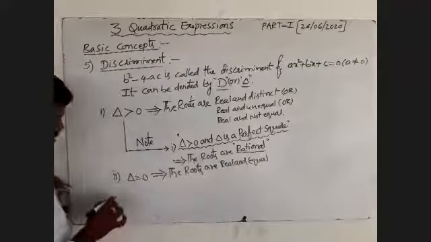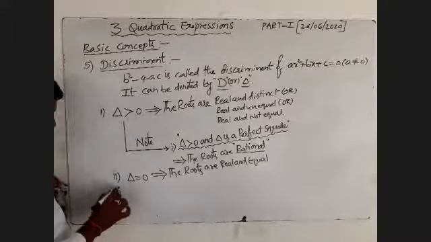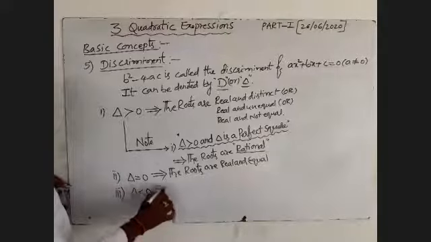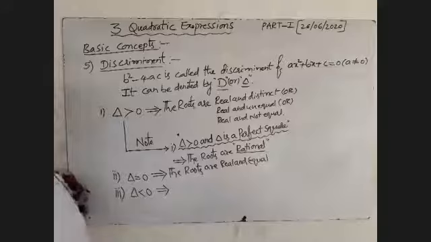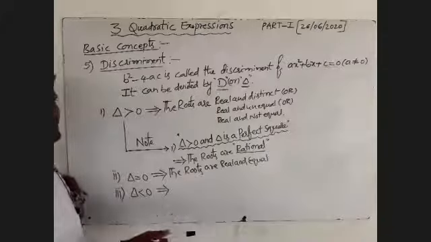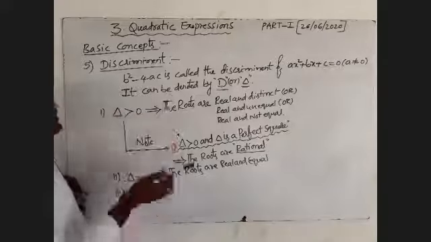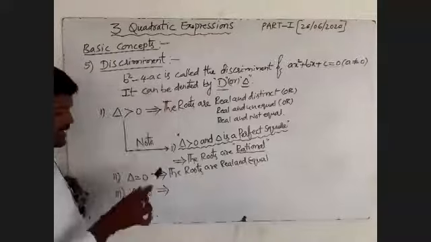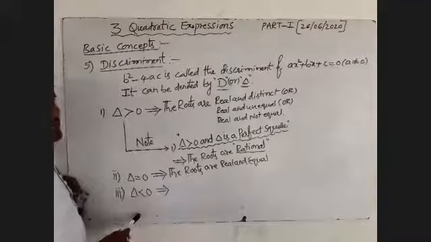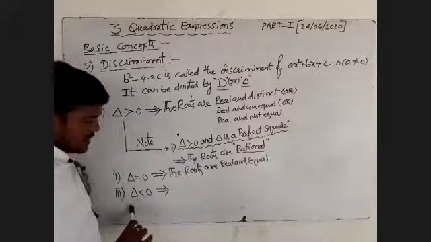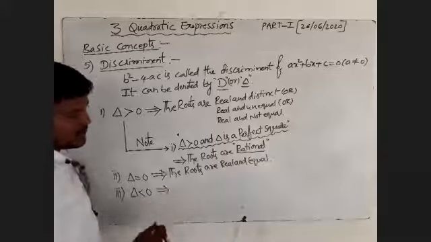Now I am going to the third point, that is sometimes the given discriminant value is less than 0. In this given quadratic equation ax square plus bx plus c equal to 0, we'll find the value of b square minus 4ac as negative numbers, imaginary numbers. Negative numbers are all less than 0, so I will write delta less than 0 also appears.